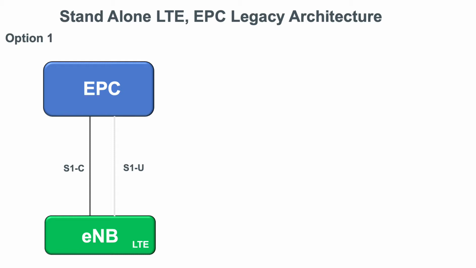The eNodeB has basically the remote radio head end, the antennas, the baseband unit, and a small router to interconnect to other eNodeBs. It's also connected into the EPC, the evolved packet core, with the control plane and the user plane. But now we're moving to new radio, and the front-end architecture of the eNodeB is going to have to evolve yet again.